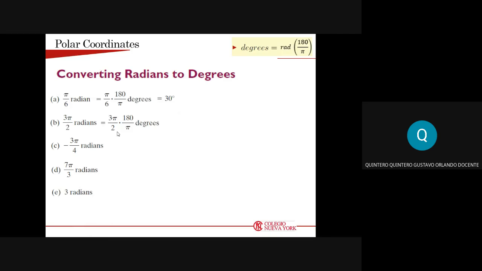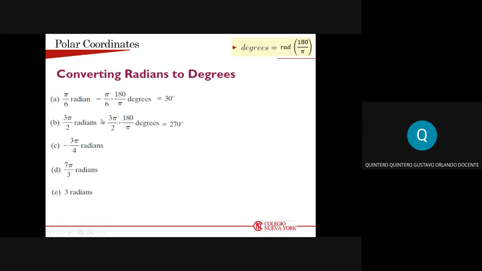But if we don't want to, we can still use the calculator. So how much is this, guys? In the chat, please. 3 pi over 2 radians is exactly, beautiful, guys. Beautiful. 270 degrees.